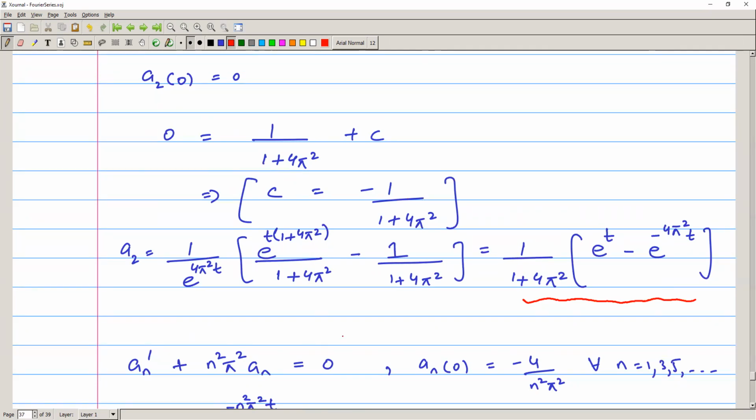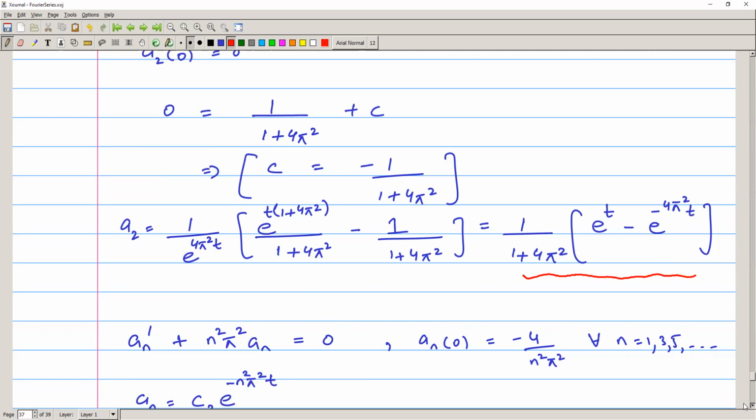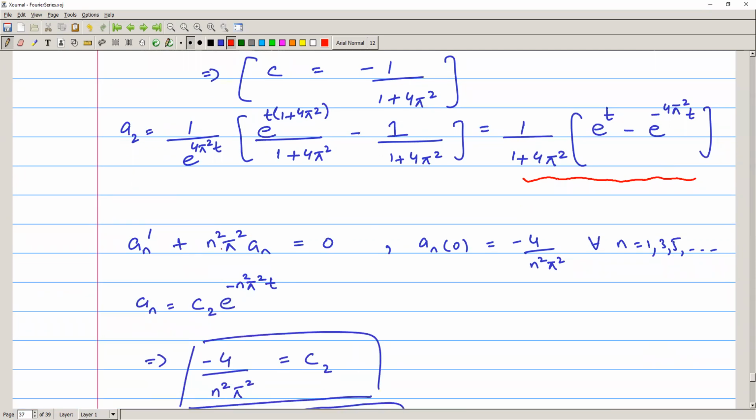And then we are going to find a n prime, because a n prime plus n squared pi squared a n is equal to 0, because all f n's were 0 other than n equal to 2 and n equal to 0. So we've already worked out n equal to 0 and n equal to 2 independently. Now we are going to do it for general a n, right?